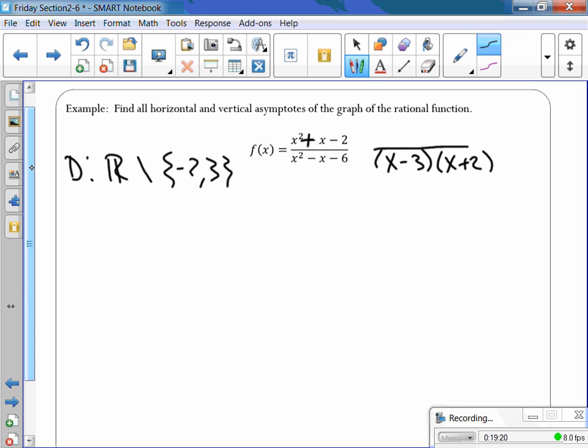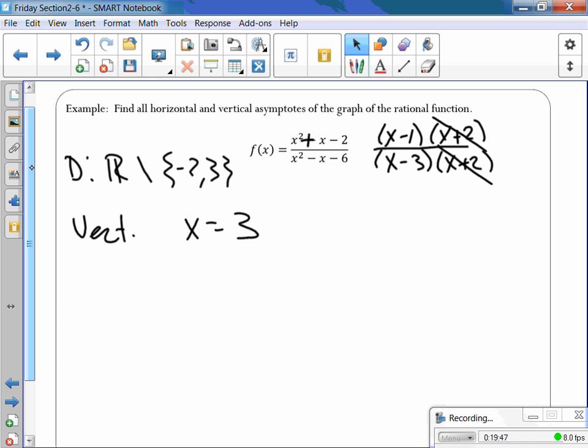Do they have a common factor? Now, what is my vertical asymptote? X equals 3. My point, my negative 2, it's still undefined at that particular point, but that is not an asymptote.